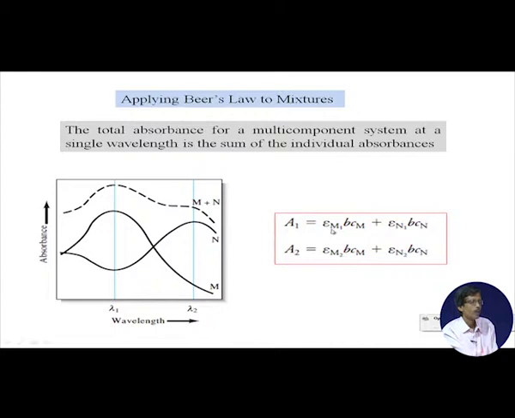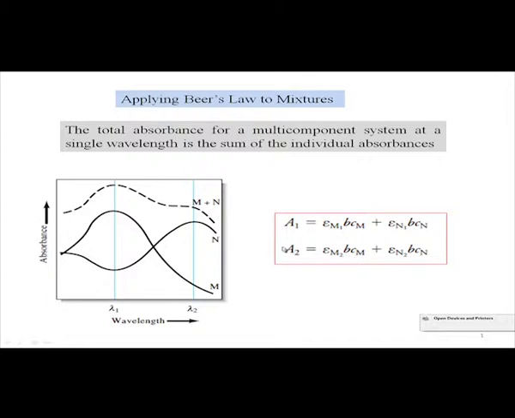So, this is the corresponding absorbance of M at lambda 1, and this is the corresponding absorbance of N at lambda 1, such that we get the overall absorbance added up with this magnitude. Similarly, for absorbance 2 we get epsilon M2 bCM.